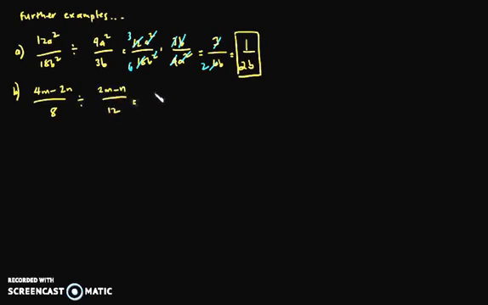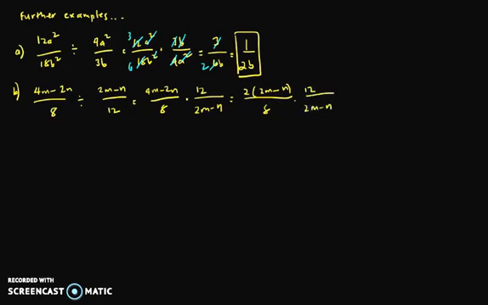Rewriting these expressions, multiplied by 12 over 2m minus n. You can factor out the numerator here, the common factor is 2. So that gives me 2 times 2m minus n over 8 times 12 over 2m minus n. Now we can cancel 2m minus n.